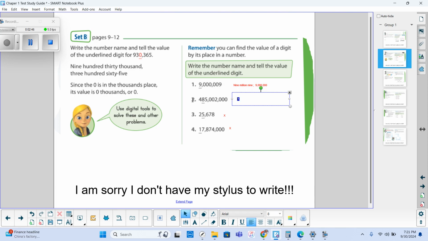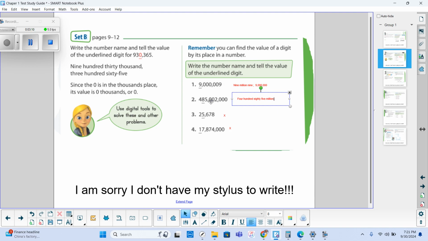The second number, the place value right here is 485 million. And I spelled 100 wrong, but who doesn't make a mistake once in a while?